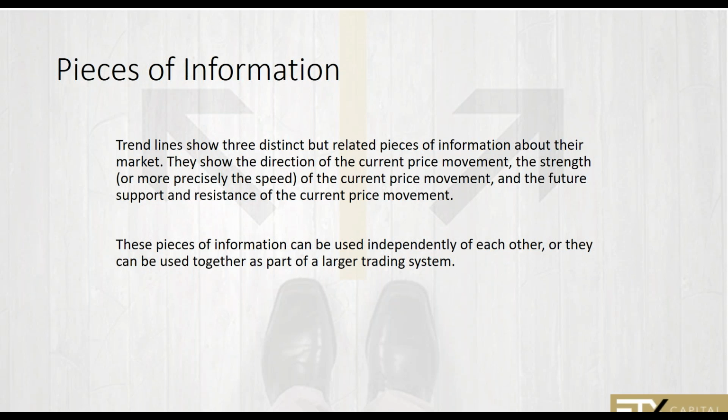These pieces of information can be used independently of each other, or they can be used together as part of a larger trading system. But no matter how you're going to trade, if you're a fundamental trader, if you're a guessing trader, if you're a technician, or if you're using some type of automated system, you need three pieces of information on your charts anyway.